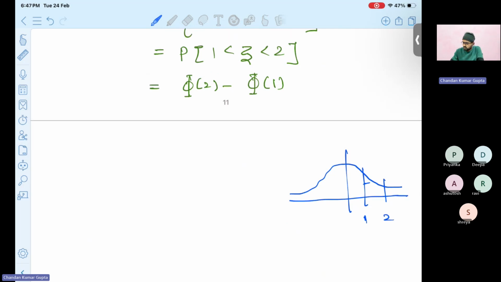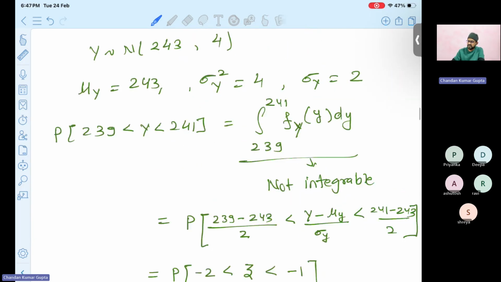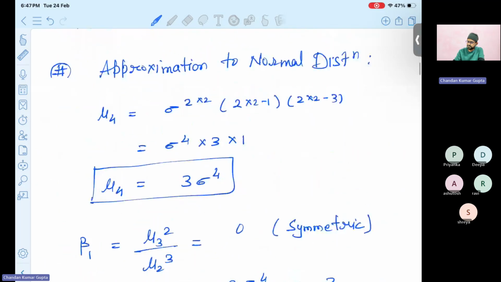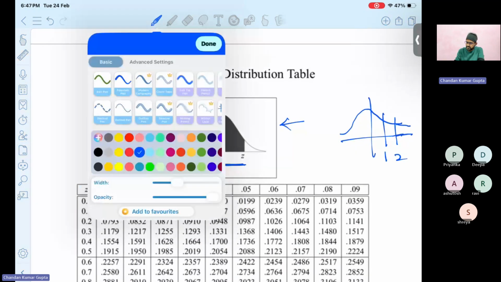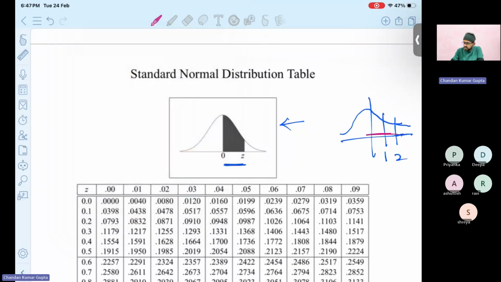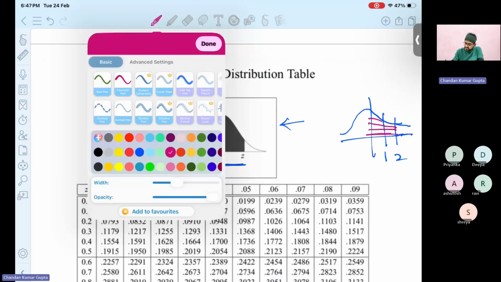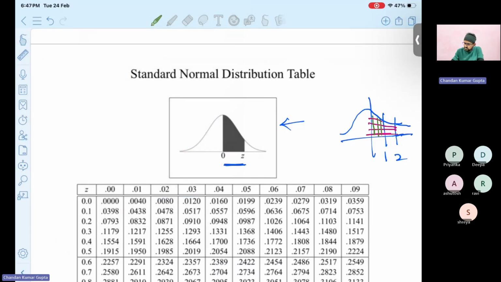We need to find the area under this region, and the table we have gives the area from 0 to Z. So from the table we find phi 2 and phi 1, and phi 2 minus phi 1 is our required probability.